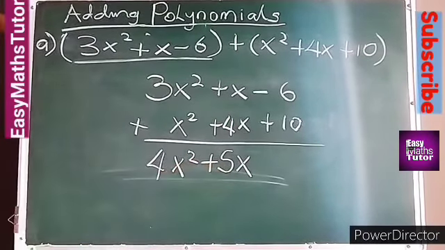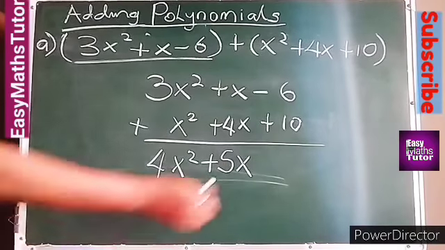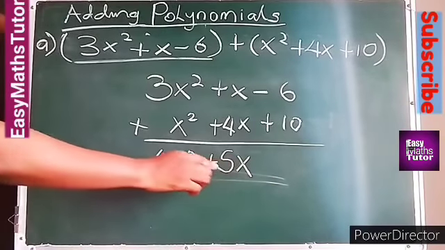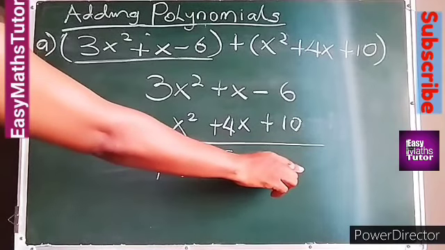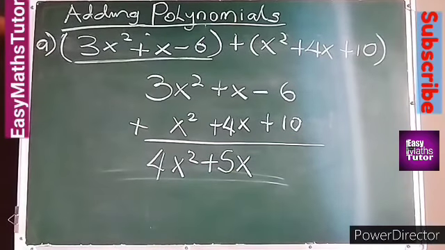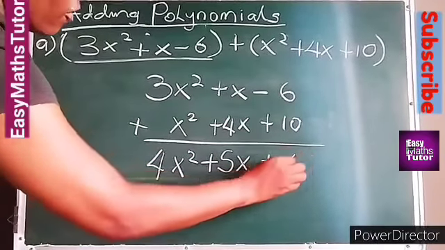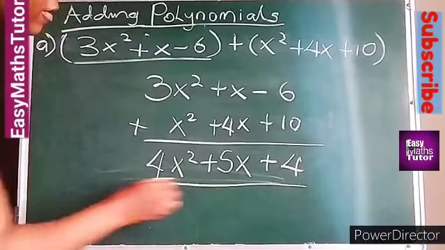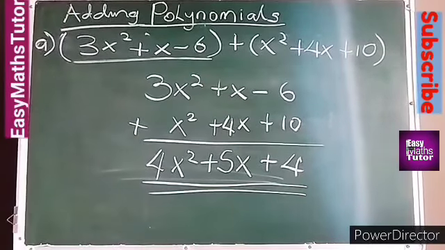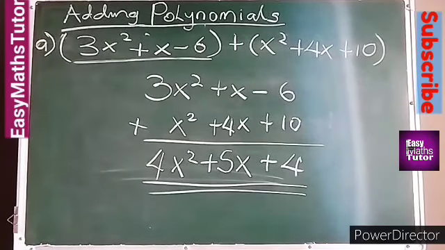It's positive, so we'll put our plus sign. And then here, there is no variable, or the variable is raised to power 0. That's a 0 degree. So we say 10 minus 6 will give us what? 4, and 4 is positive. So that's our answer, and that's how to add up polynomials vertically.